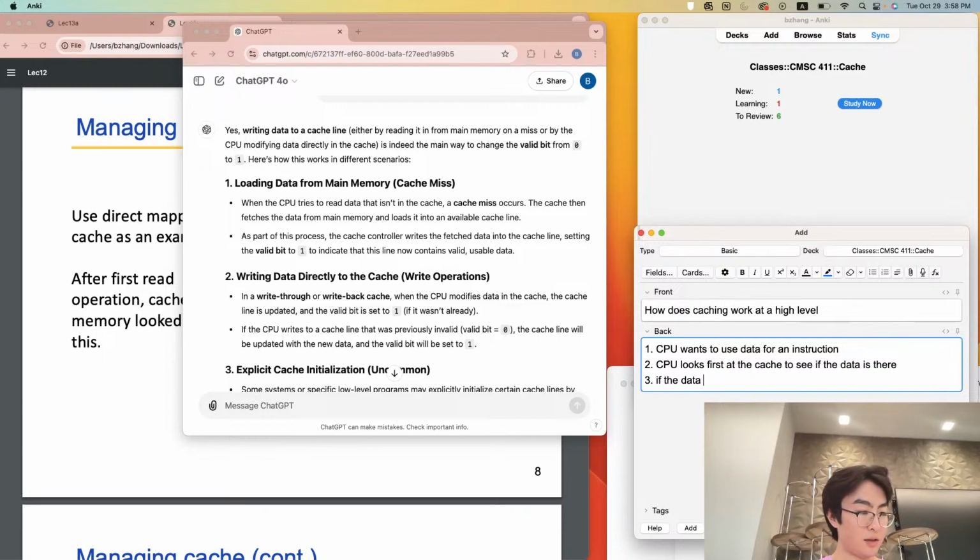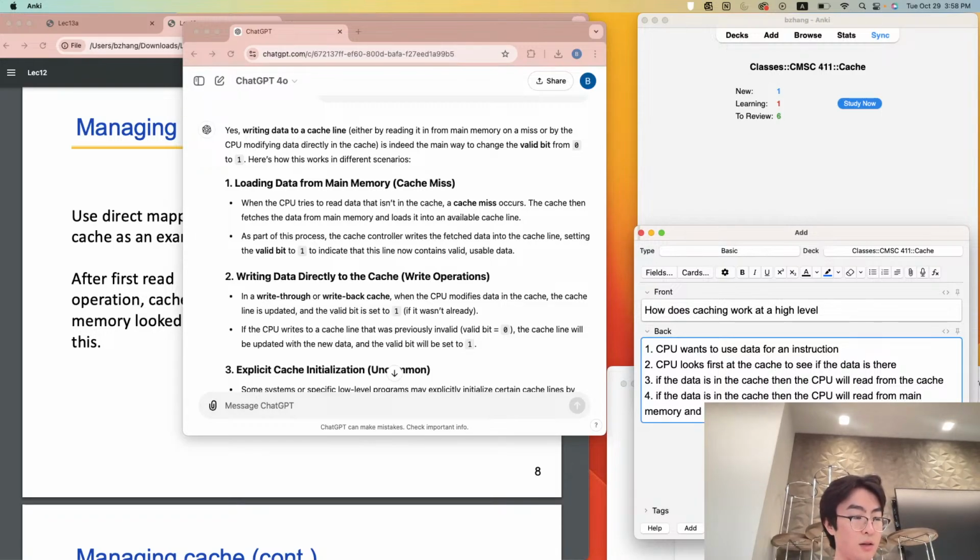If the data is in the cache, then the CPU will read from the cache. If the data is not in the cache, the CPU will read from main memory and load that into the cache.